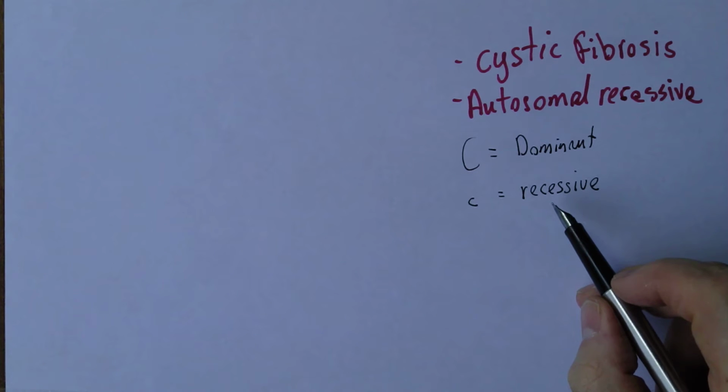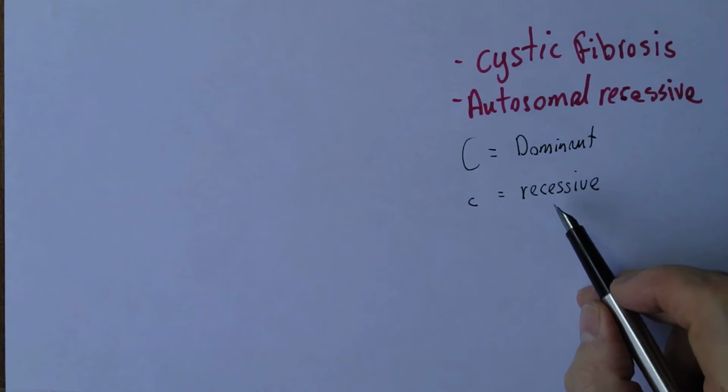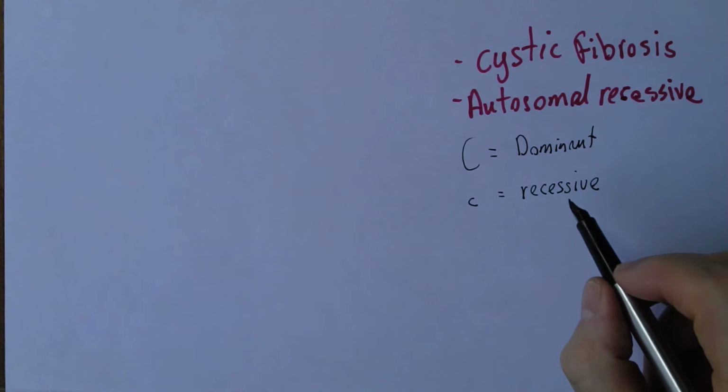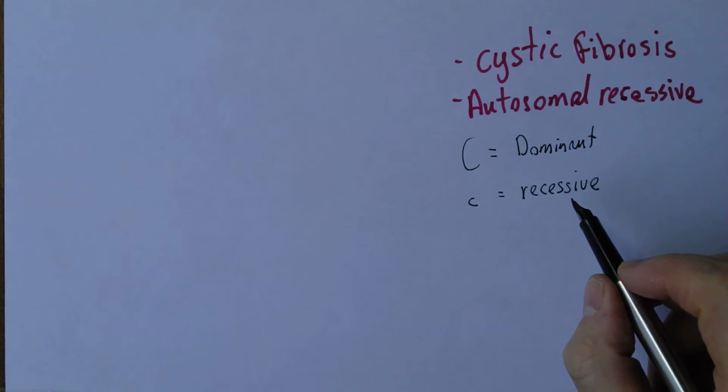And the disease is actually caused by a deficiency in a transmembrane conducting regulator protein, cystic fibrosis transmembrane regulator. That doesn't matter too much for the purposes of this, it's genetically controlled. So the recessive gene is the disease gene for cystic fibrosis.